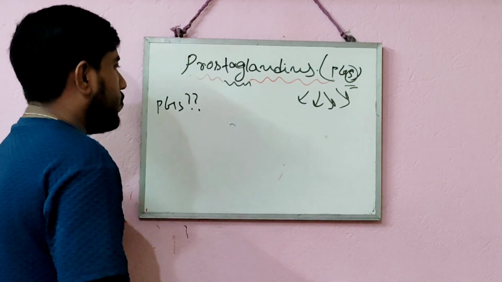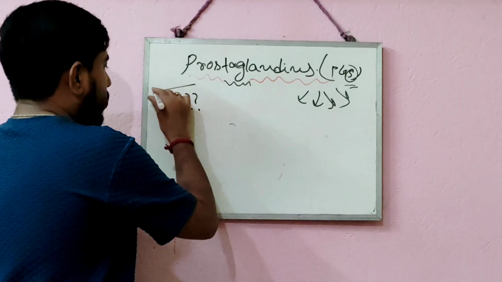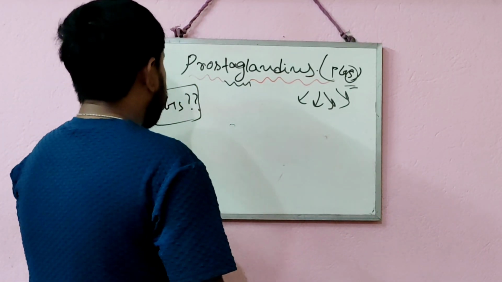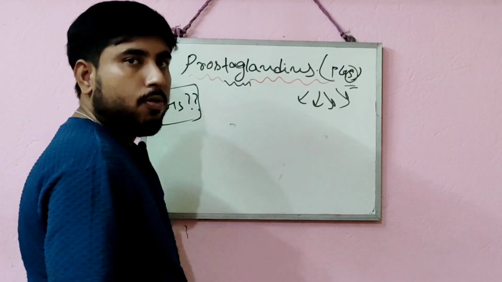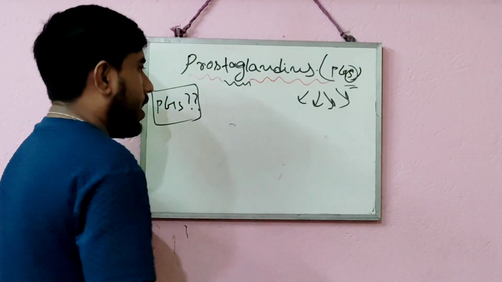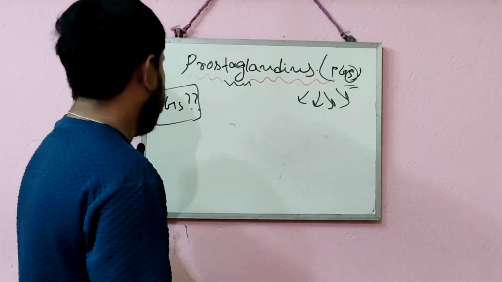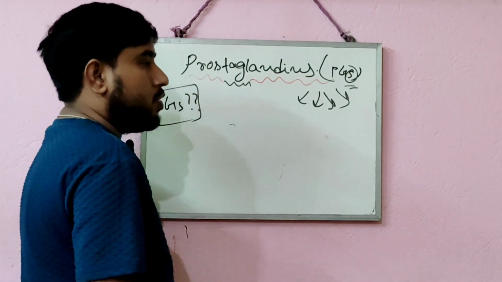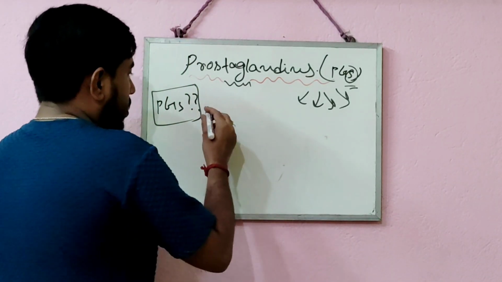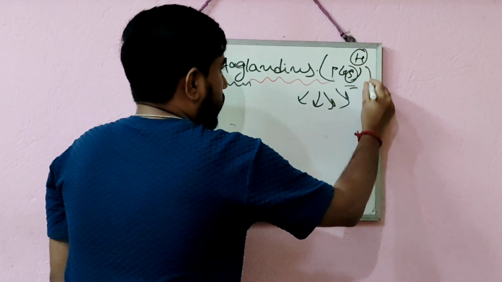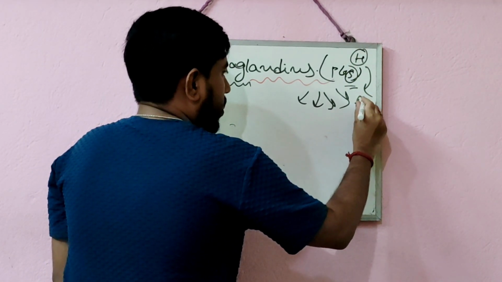So first we have to study what is prostaglandin. I have already told you in the previous class that there are different types of autocoids, which are local hormones and act in our body in different physiological and functional actions. Prostaglandin is also one type of autocoid. In the previous class I studied histamine, which was amine derived.